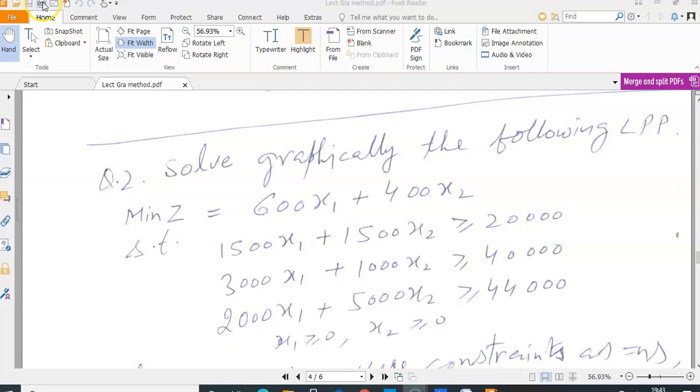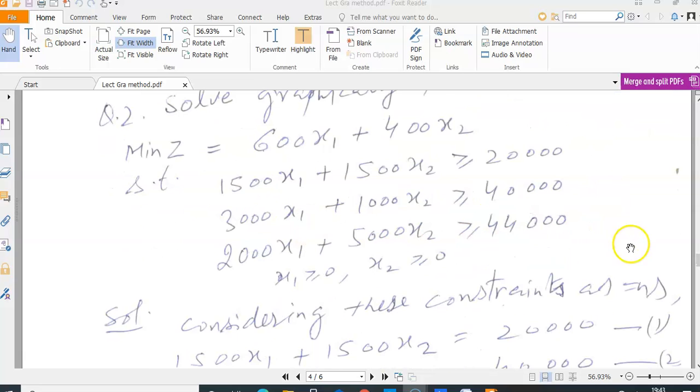Now we take up a problem involving a minimization kind of objective function and all the constraints of greater than or equal to type. This is the problem. In the same way we consider these inequations as equations first, then we plot them on the graph.